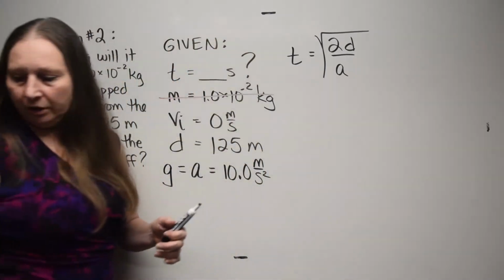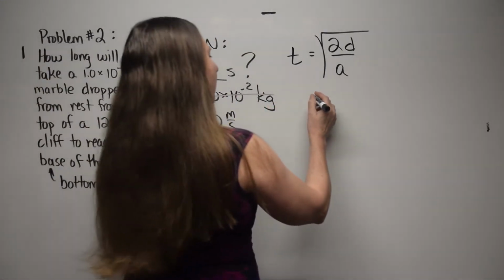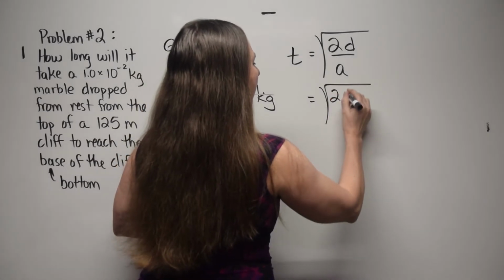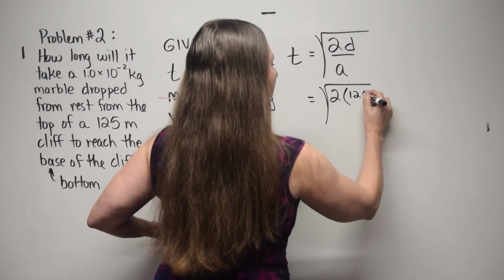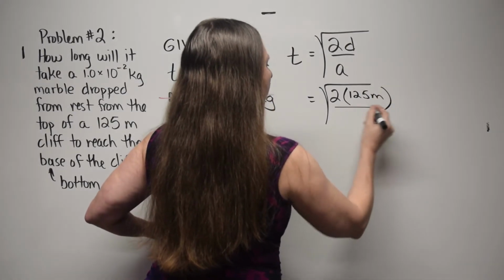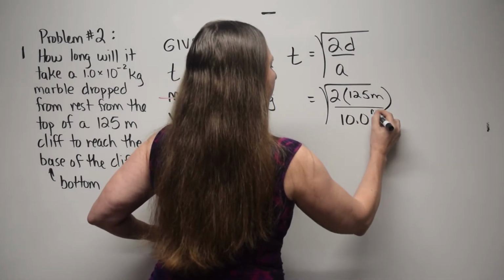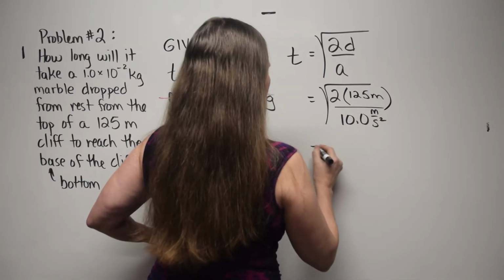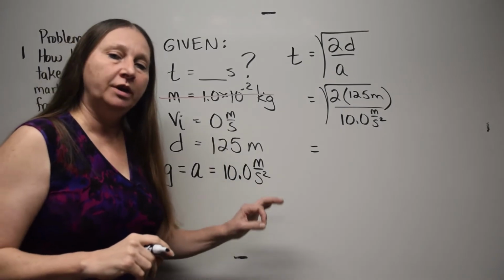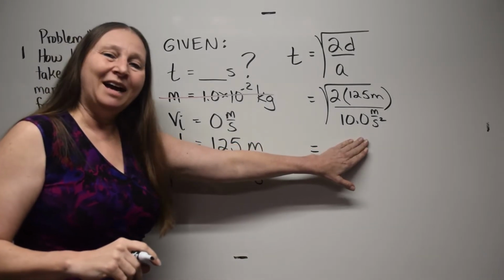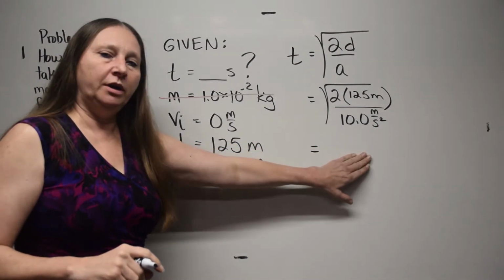All right, let's do this. Now, the distance was 125 meters. The acceleration, 10 meters per second squared. 2 times 125 is 250, divided by 10 is 25.